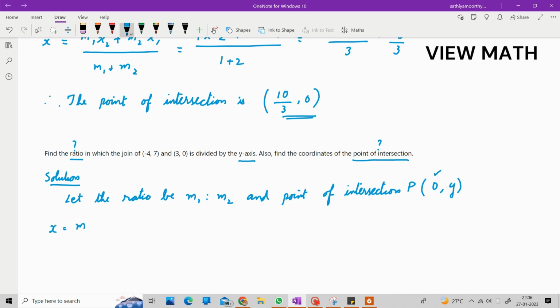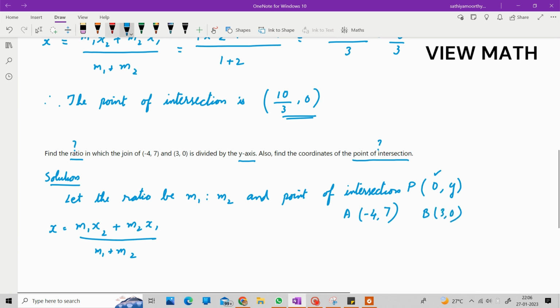x is equal to m1 x2 plus m2 x1 by m1 plus m2. Here A coordinate is minus 4, 7 and B coordinate is 3, 0. So x1 is minus 4, y1 is 7, x2 and y2 are 3 and 0.